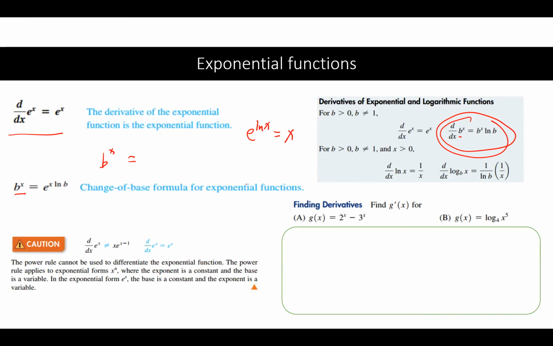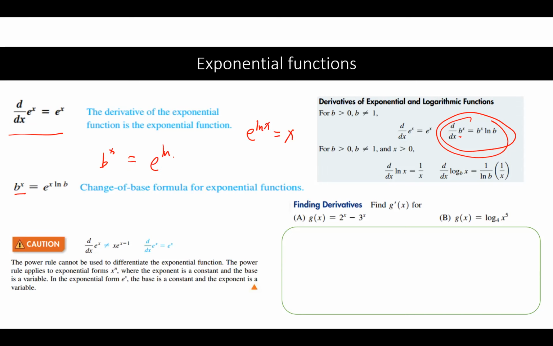So this is from the previous class, and we know that if we take the natural log of both sides, then this becomes itself. So now b to the power of x becomes e, and then ln.